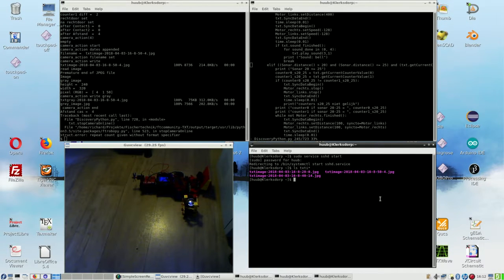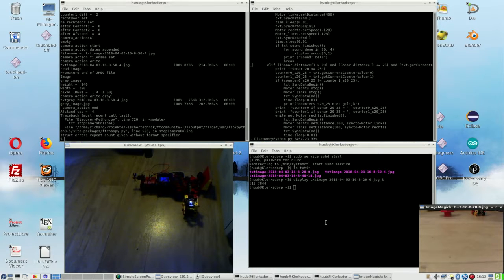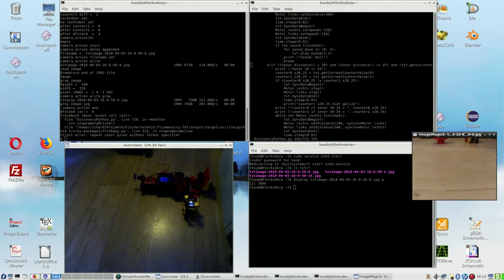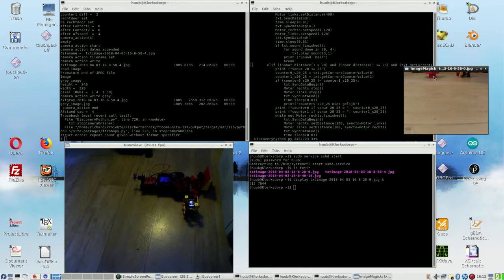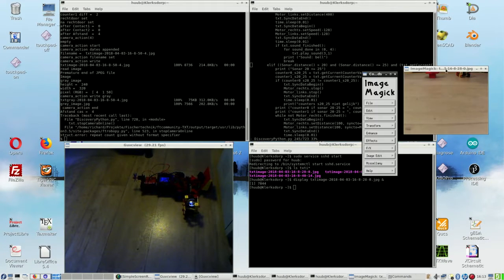Alright, so let's take a look at the images that have been sent to the computer. 0, that's right here. These objects are indeed straight in the middle. Well, the course is.